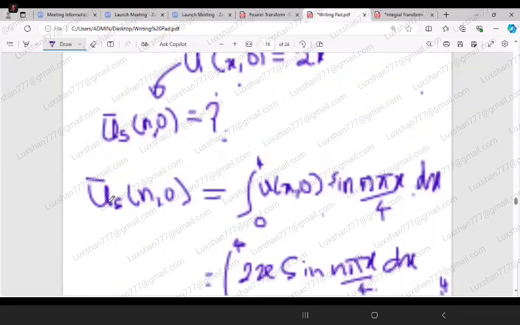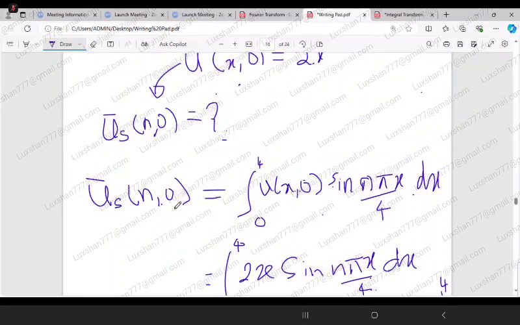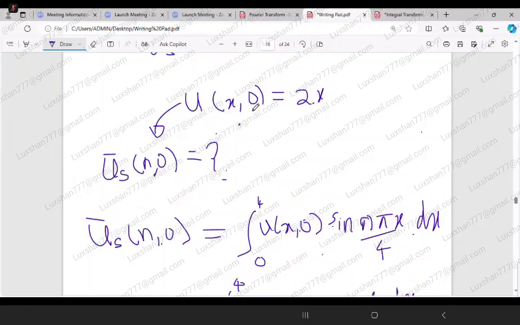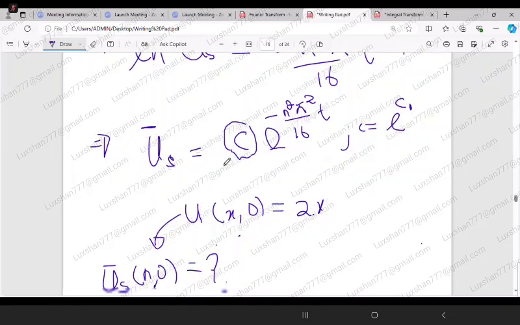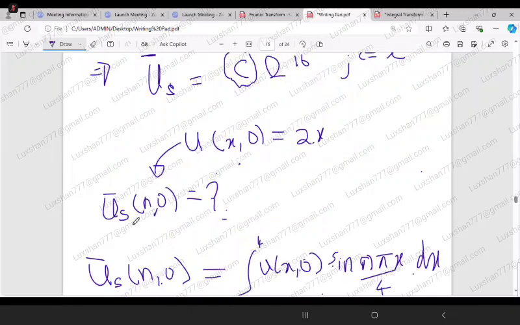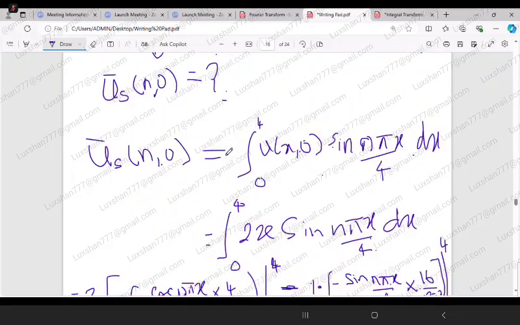So that is my u bar s n, 0 comma 2. So I have now actually initial condition is given for u x comma 2. To find this c, I want to actually convert this initial condition into Fourier form. So that is what I'm doing here.